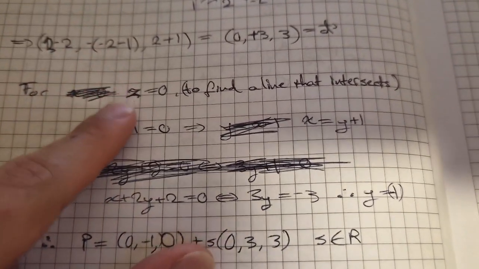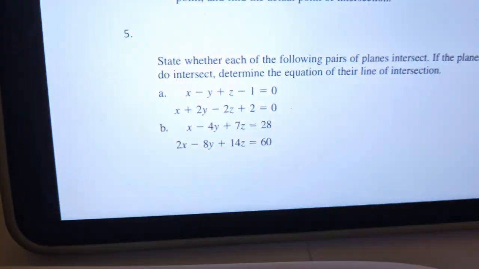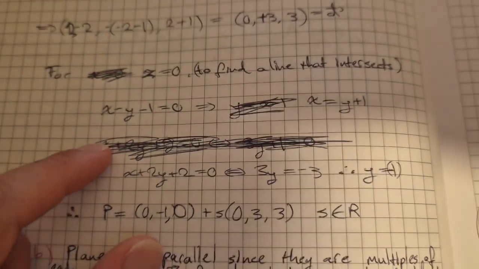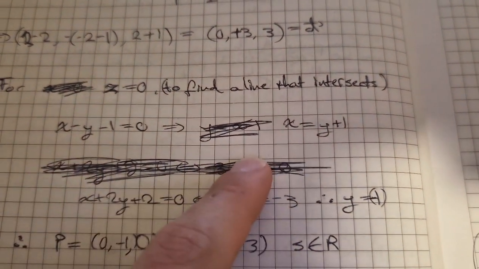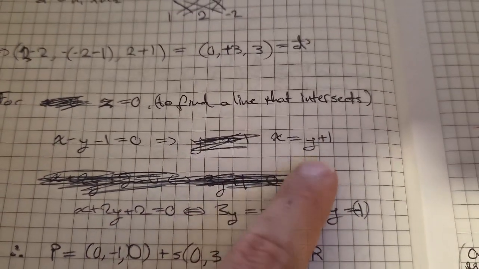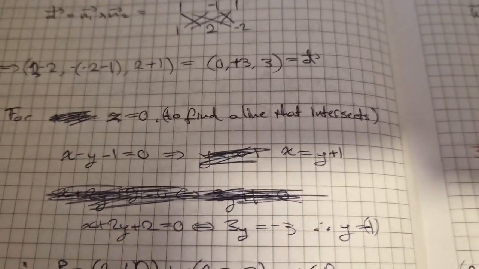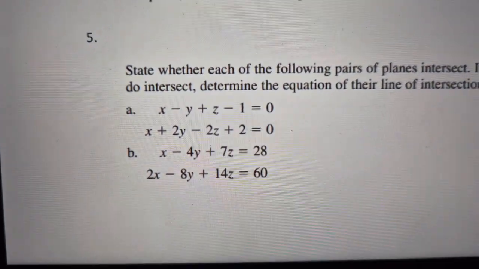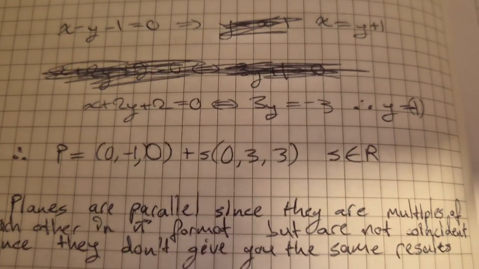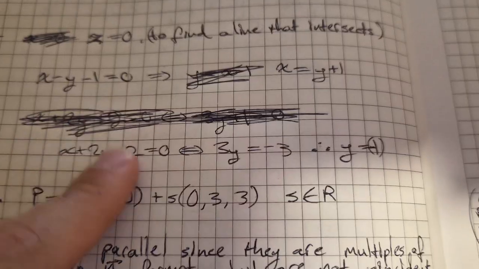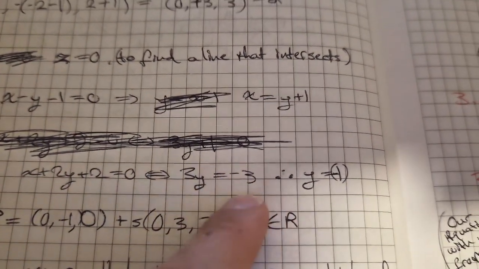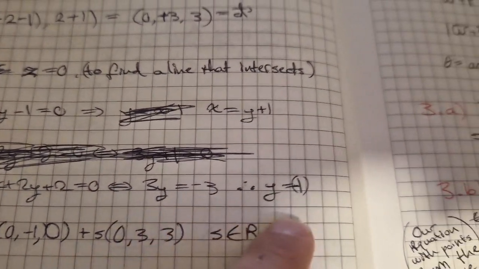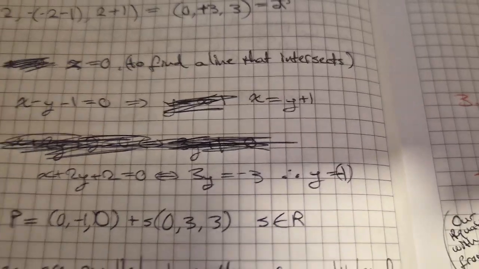When we first put in the z value for the first equation, we get something like this, and it tells us that x equals y plus 1. Then we plug the new x value we got into the second equation, and it gives us 3y equals minus 3, therefore y equals minus 1.